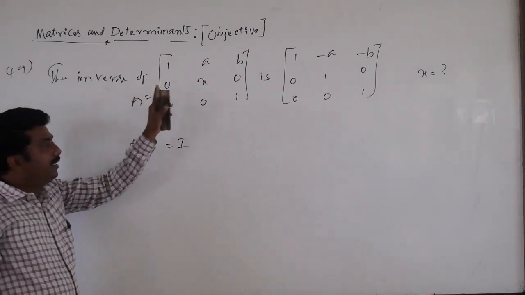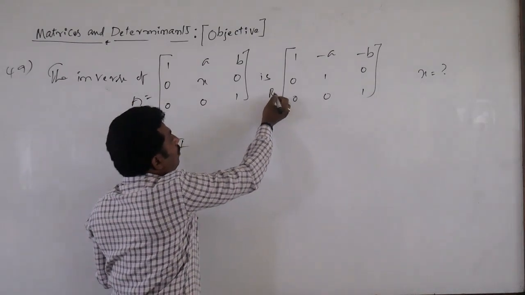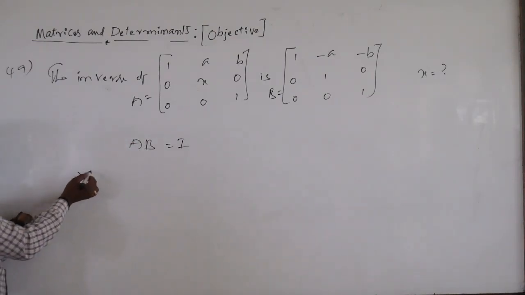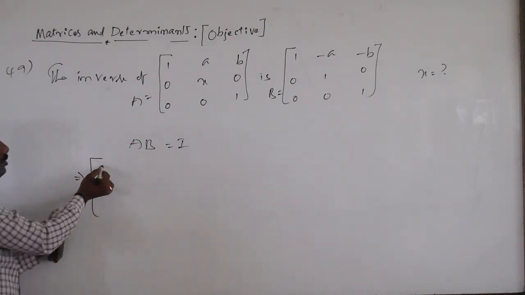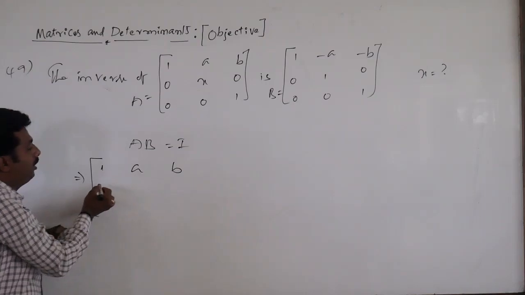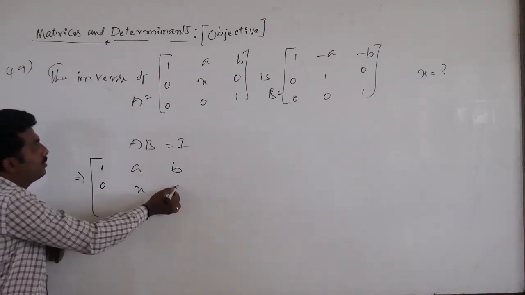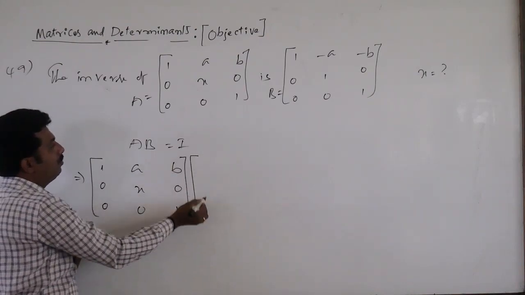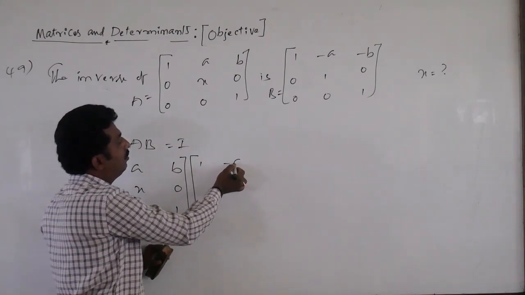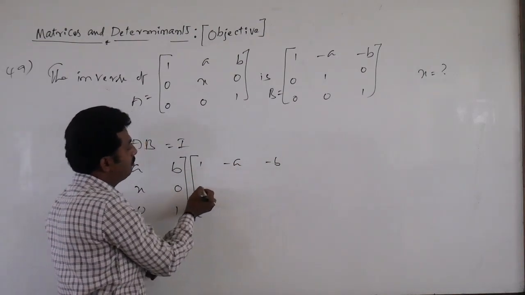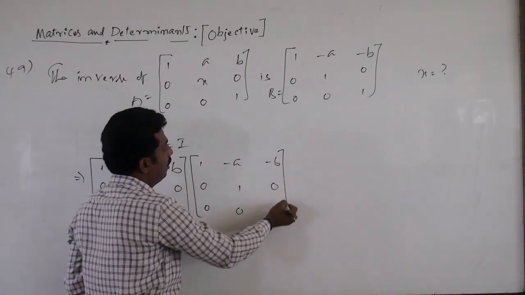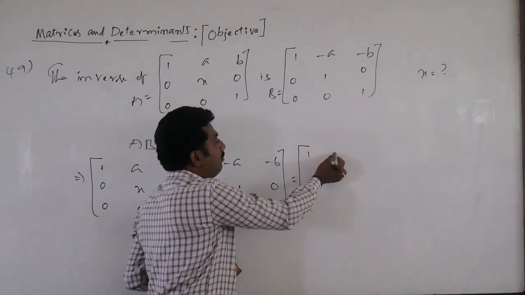So this is A, this is B I am taking. So AB equals the identity matrix. Here, [1 A B; 0 X 0; 0 0 1] into [1 -A -B; 0 1 0; 0 0 1] equals the identity matrix.